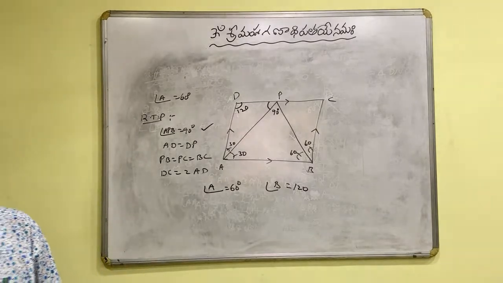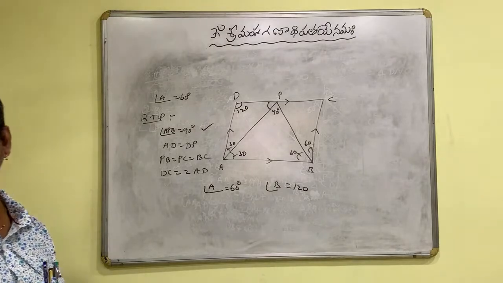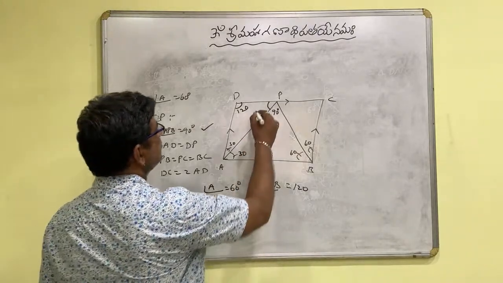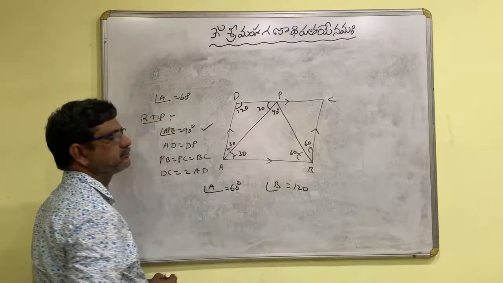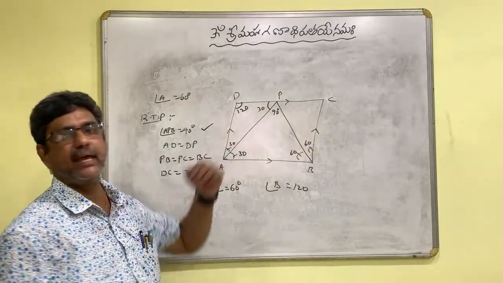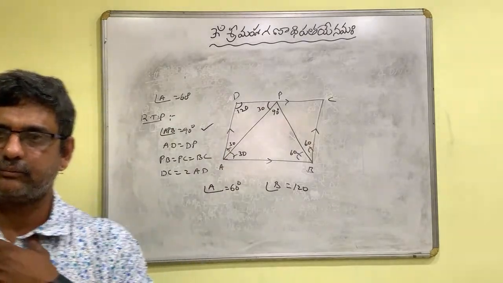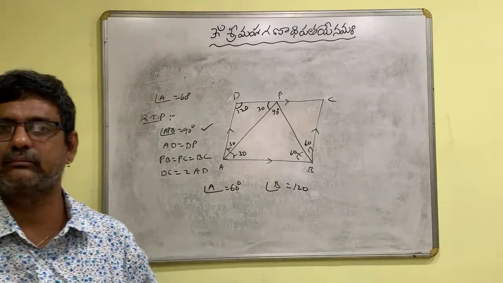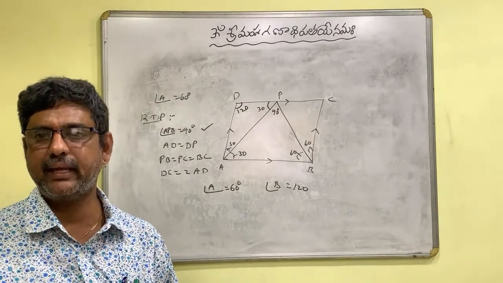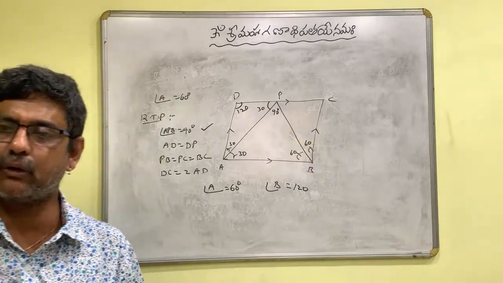Very good, angle sum property of triangle. So this is 30. Now, what type of triangle is ADP? What can you say about that triangle?